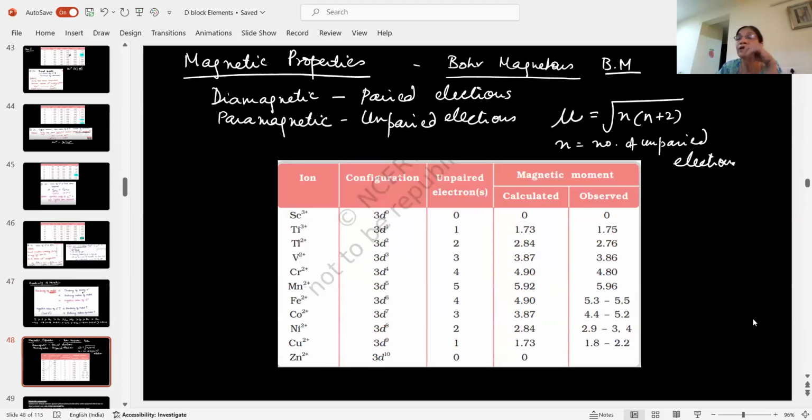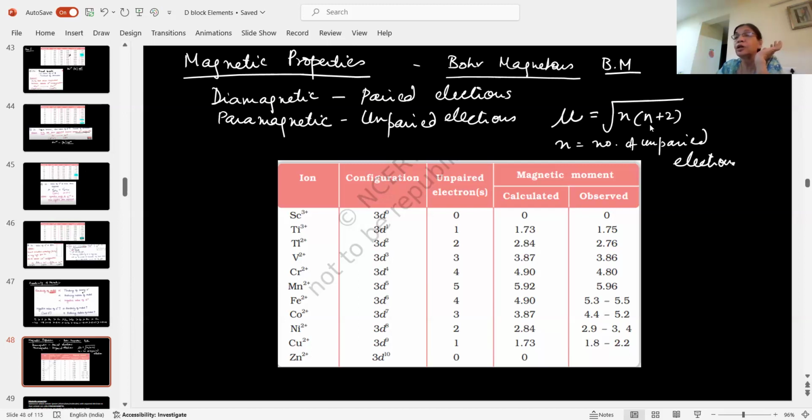Then they all show magnetic properties. There are two magnetic properties, paramagnetic and diamagnetic. Paramagnetic is a property when there is at least one unpaired electron, and diamagnetic is when all are paired.